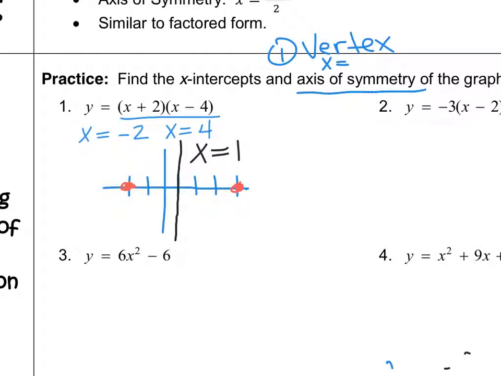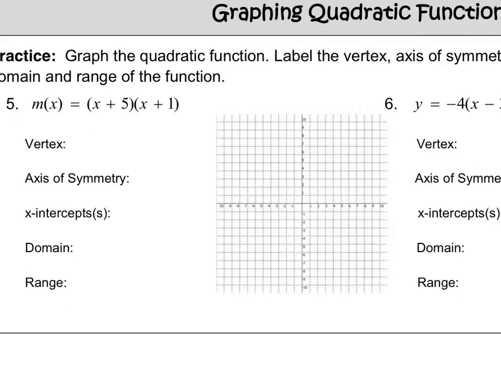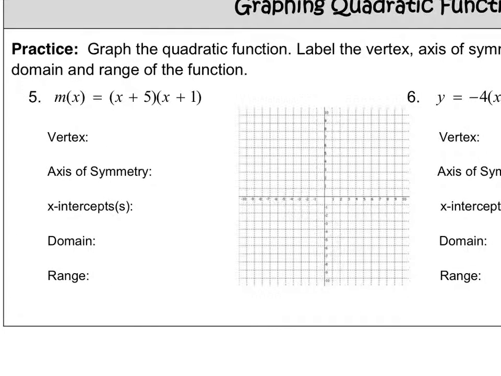Okay, so let's look down at the bottom of the page and make sure that we can do all the things here. On number 5, we want to graph (x + 5)(x + 1). When I put that into my calculator and graph it, I can see that my x values are x equals -5 and x equals -1.